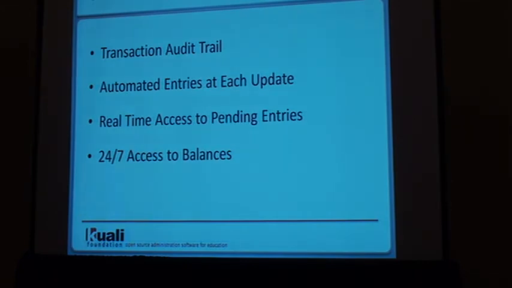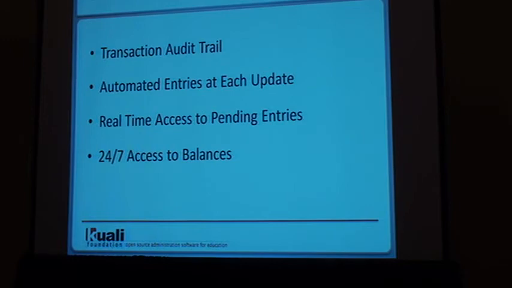You can always get back to the initial document. If the document was entered into workflow and rejected, it's still part of the audit trail. If the document had to be resubmitted, it's documented under a new number, so that there is a very good trail of every value in KFS back to the underlying transaction.